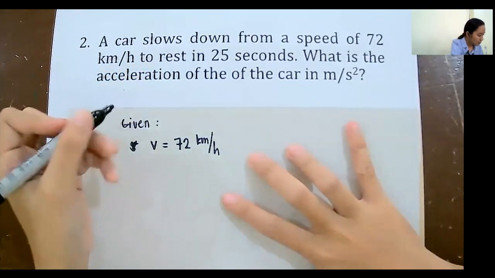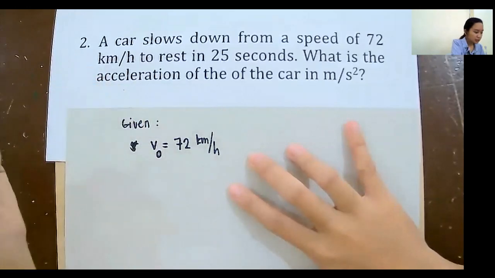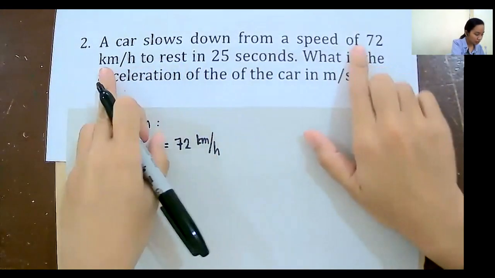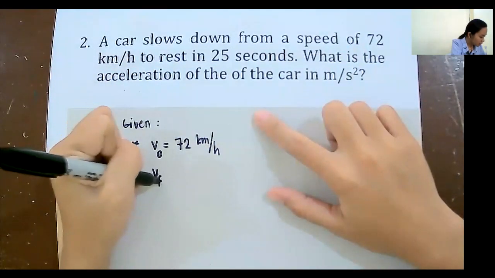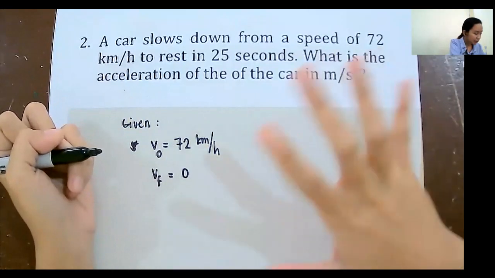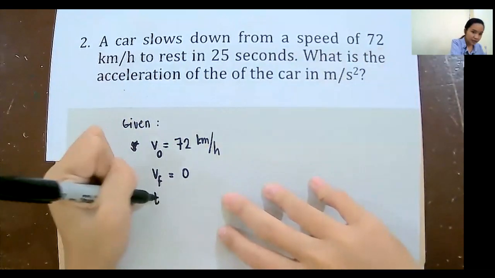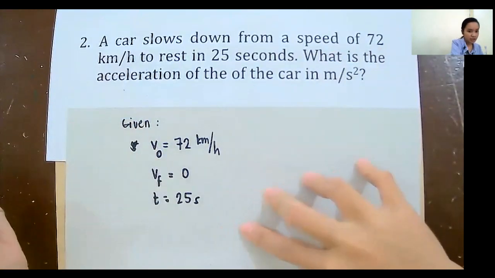This is your initial speed, because it goes from a speed to rest. After the car rests, its velocity is zero because the car stopped. And then we have the time, which is 25 seconds.